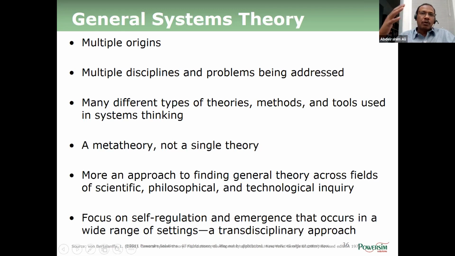It is more an approach of dealing with issues rather than one size fits all. It is a cross-field approach of scientific, philosophical, and technological inquiries, and you can use it in different ways. It also focuses on the self-regulation of the system, which occurs when we do interventions.